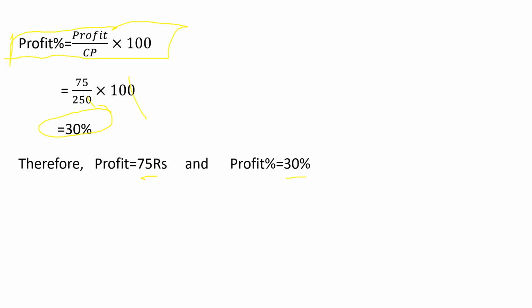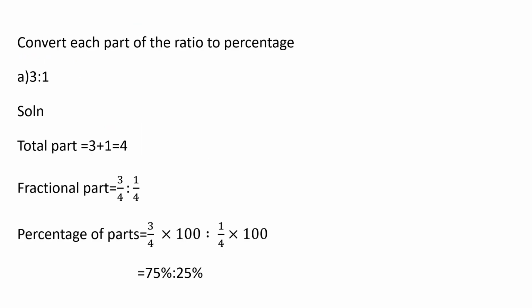Okay, children. Next one, convert each part of the ratio to percentage. Here it is 3 is to 1, a ratio, and you want to convert this ratio to percentage. First thing, write the total.